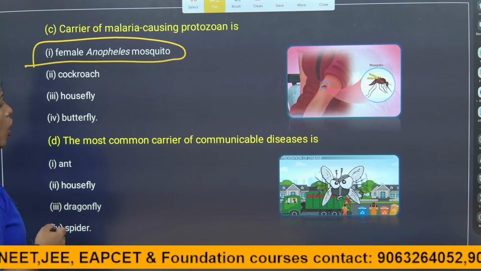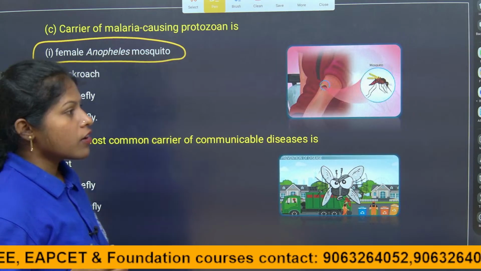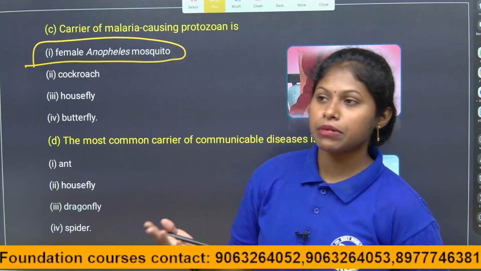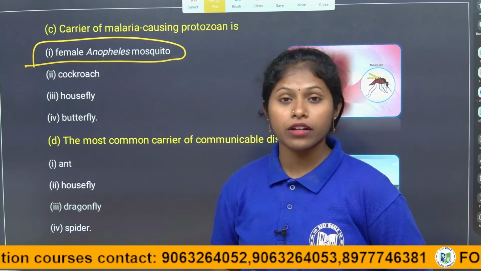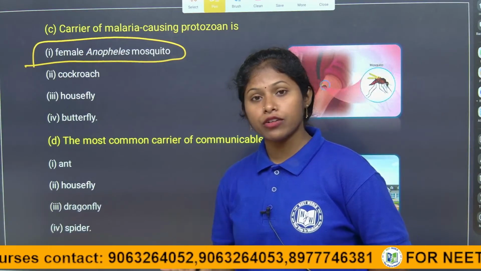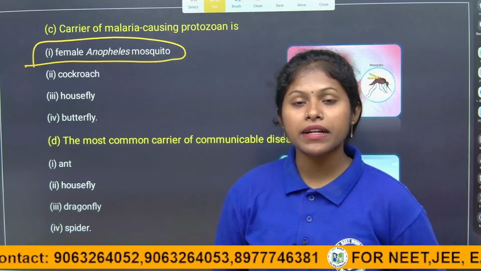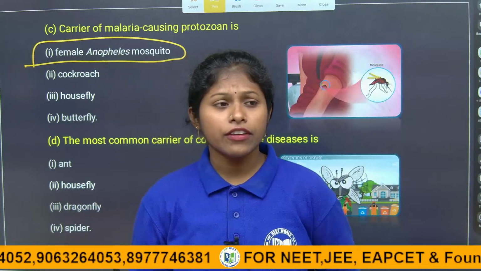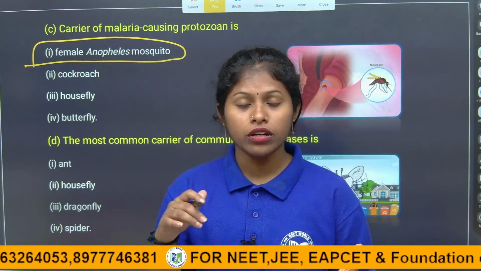Now, the most common carrier for communicable diseases. What are communicable diseases, children? They are easily communicable if you are not maintaining good hygiene, and you fall ill. If you are not keeping plates over the food, what will happen, children?